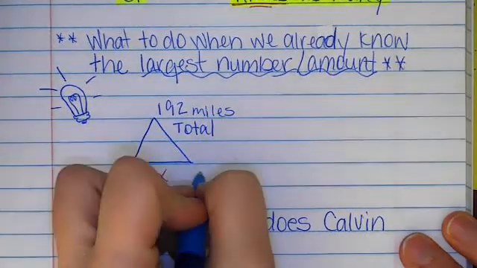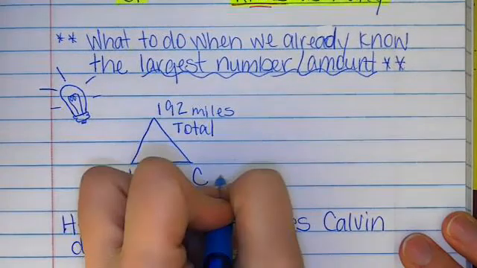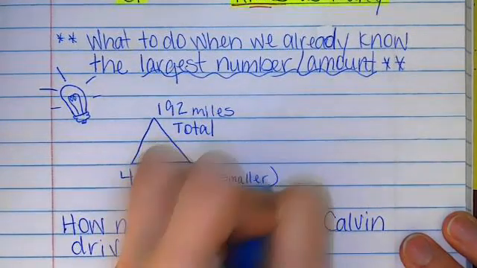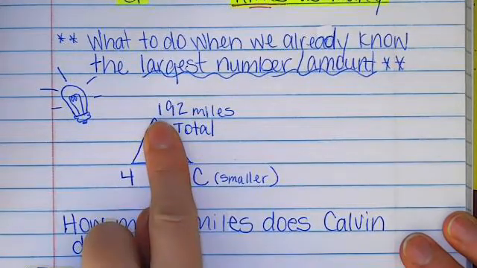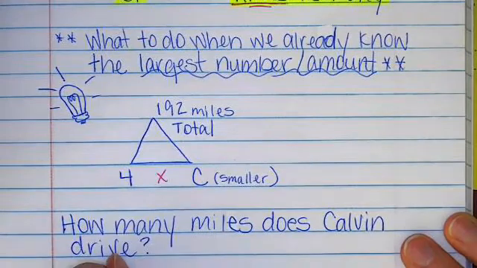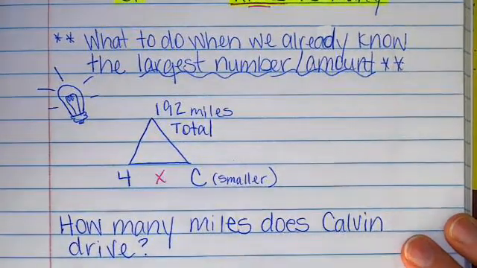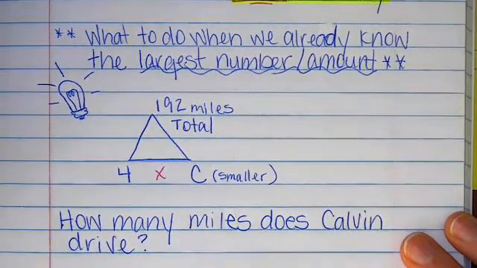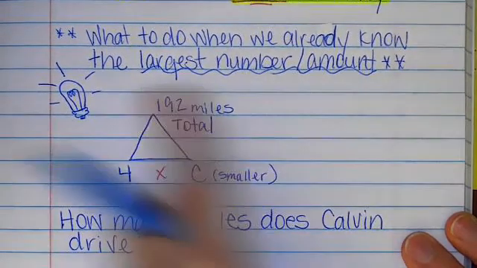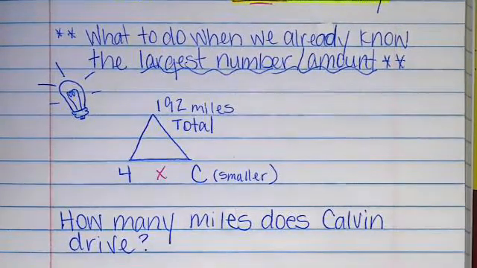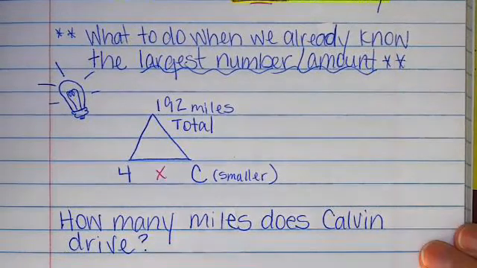I'm going to put a C here for Calvin, and his amount will be a smaller amount. It's not going to be one of the big amounts because we already have the top amount. The biggest amount is 192. He's not going to be driving more than her. It already showed us in our bar diagram that she drives 4 times as much as he did. So we're going to take this fact family pyramid and do our fact family problems to figure out how much Calvin drives.